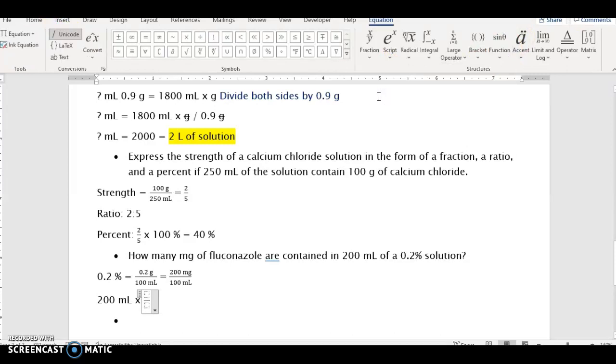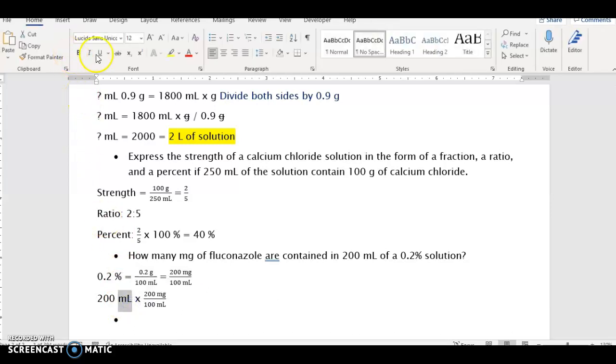So I'm going from milliliters to milligrams. The units of 200 milligrams are going to be on top, and then 100 milliliters in the denominator of that fraction. So in the dimensional analysis approach, we can see that milliliters cancels the milliliters, and the unit we're left with is milligrams.